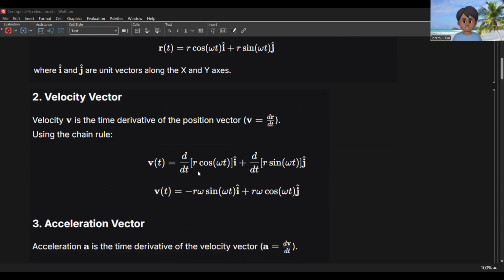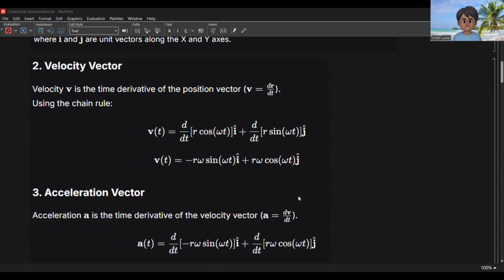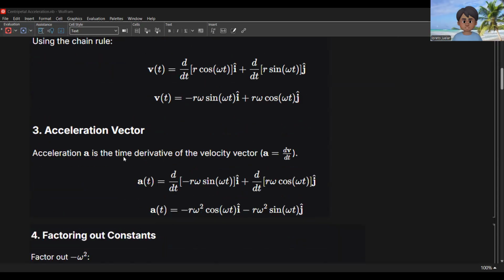Using the chain rule, the derivative of the given r is negative r times the angular velocity times the sine of the angular velocity times the time, times the unit vector along the x-axis, plus r times the angular velocity times the cosine of the angular velocity times the time, times the unit vector along the y-axis.